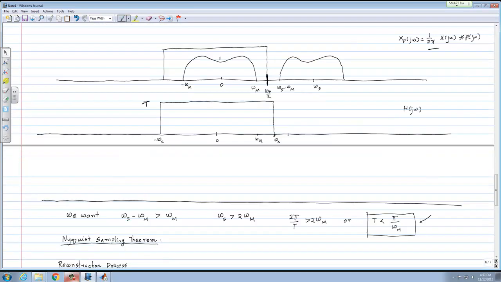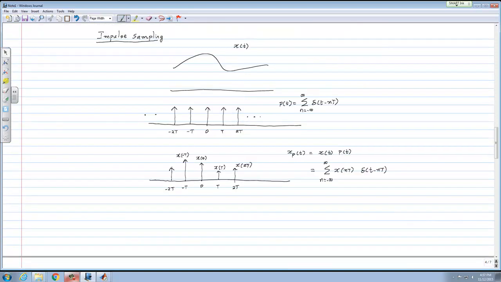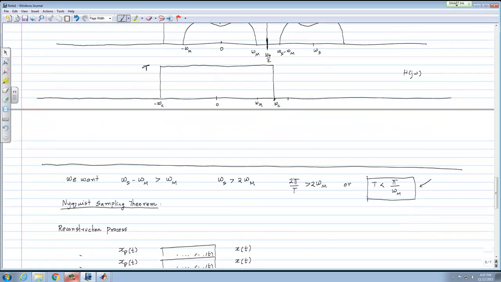So let's recall that x p of t is something that looks like this. I'm going to take this signal and convolve it with a sinc. Let's write the expression for that.